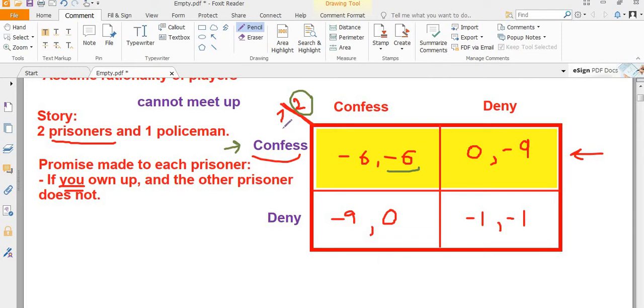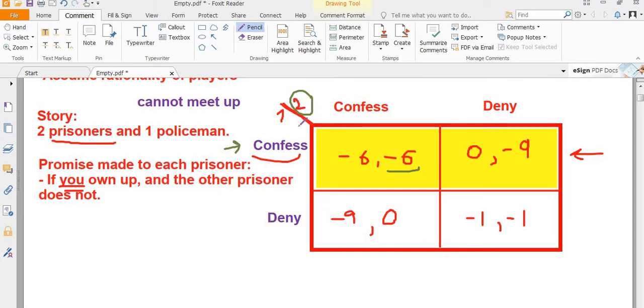Payoff here means what I get out of a decision, and player 2's payoff, what player 2 gets out of his or her own decision, is represented by the second number. If player 1 confesses and player 2 confesses too, then player 2 will get a payoff of -6.